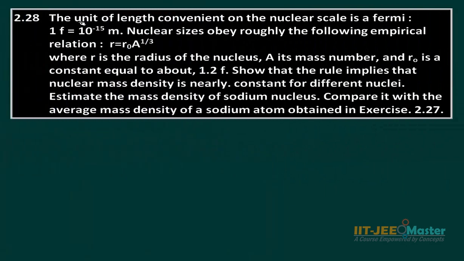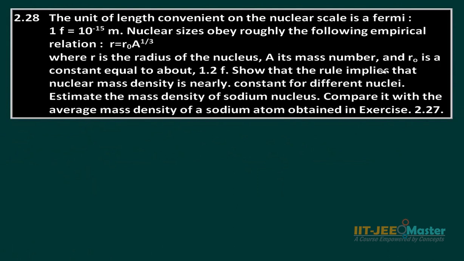Let us see this problem. The unit of length convenient on the nuclear scale is a Fermi. One Fermi is 10 to the power minus 15 meter. Nuclear sizes obey roughly the following empirical relation: R is R0 times A to the power 1 by 3, where R is the radius of the nucleus, A is the mass number, and R0 is a constant equal to about 1.2 Fermi.